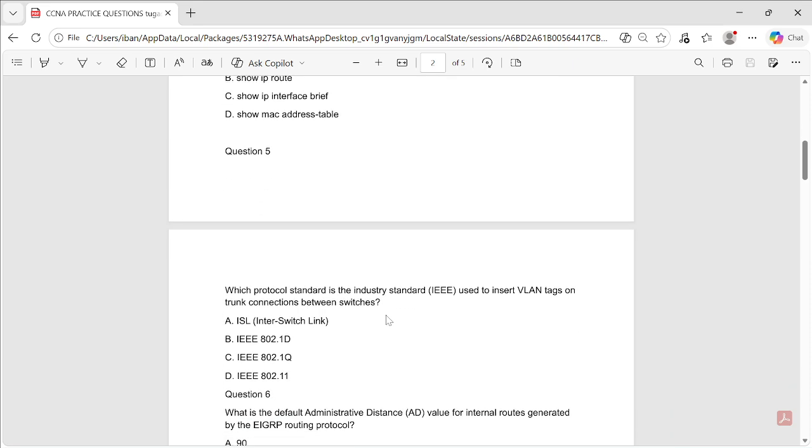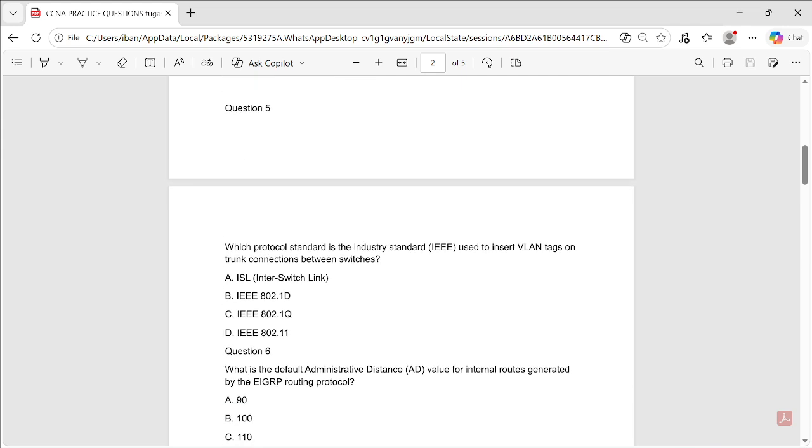Next, question number five: which industry standard protocol is used to insert VLAN tags on a trunk connected with a switch? A, ISL, Inter-Switch Link; B, IEEE 802.1D; C, IEEE 802.1Q; D, IEEE 802.3.